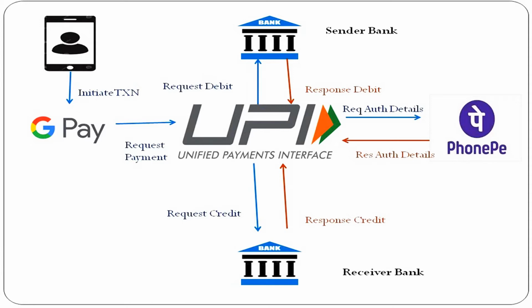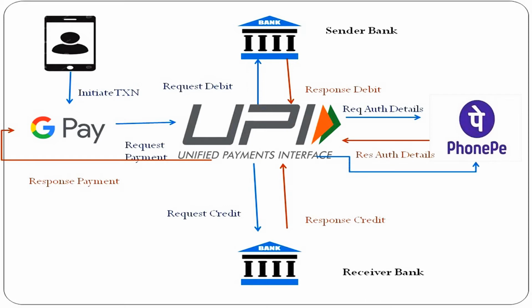Once UPI, the central server, has the response from the credit, it sends you back the payment response. Now your money is debited from your account and credited to the receiver's account. So you get the notification in your app that your payment is successful.